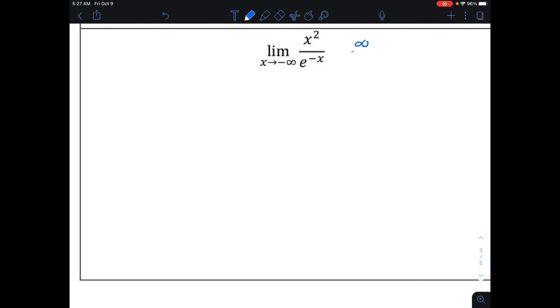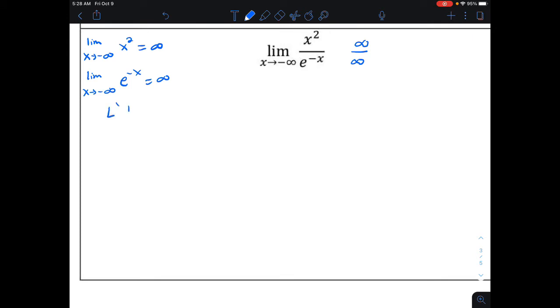Now, the other previous question did the same thing. Let's go back and show that we could also solve this using L'Hopital's rule. So we have the indeterminate form, infinity over infinity. So we need to write our two limits before we apply L'Hopital's rule. So the limit as x approaches negative infinity of x squared is equal to infinity. And the limit as x approaches negative infinity of e to the negative x is also infinity.